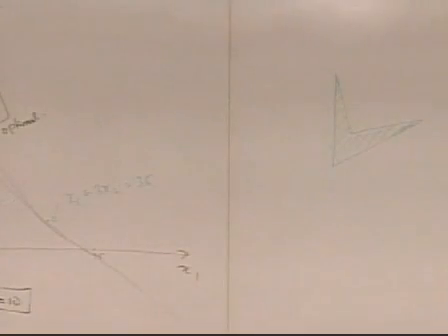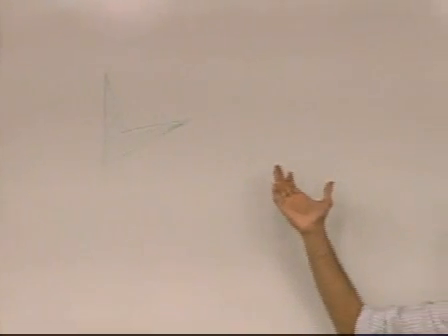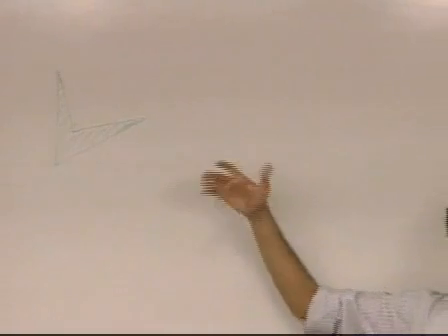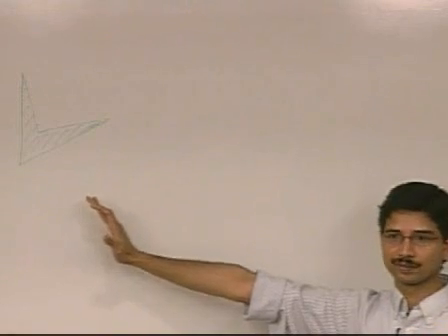Okay. So then, would something like that be true? Is this what you're saying? Okay. But actually, this won't be the feasible region. Okay. So let's see why this cannot be the feasible region of a linear programming problem.